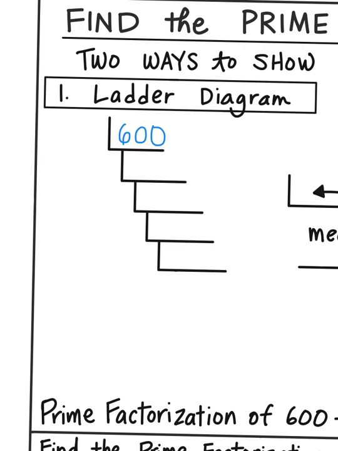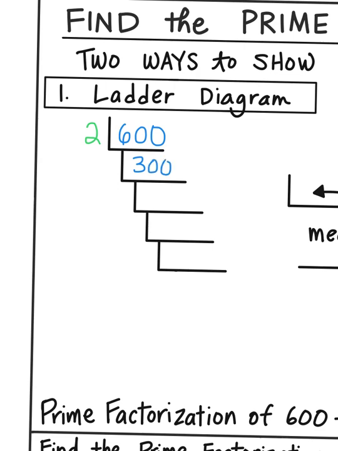For example, I know 600 is even, so it's divisible by 2. So I'm going to put a 2 on the outside as the prime factor, and then the next step down is my answer from when I take 600 divided by 2. In this case, it would be 300.